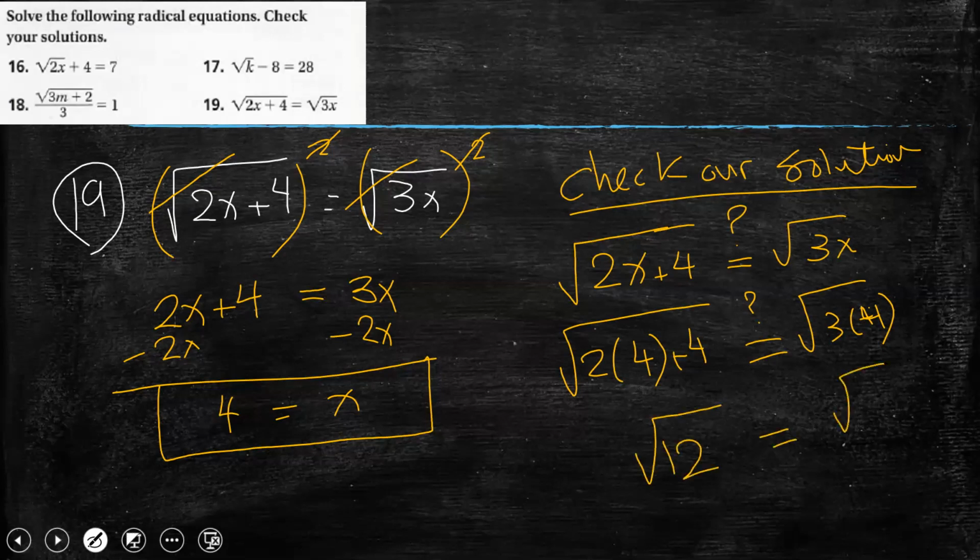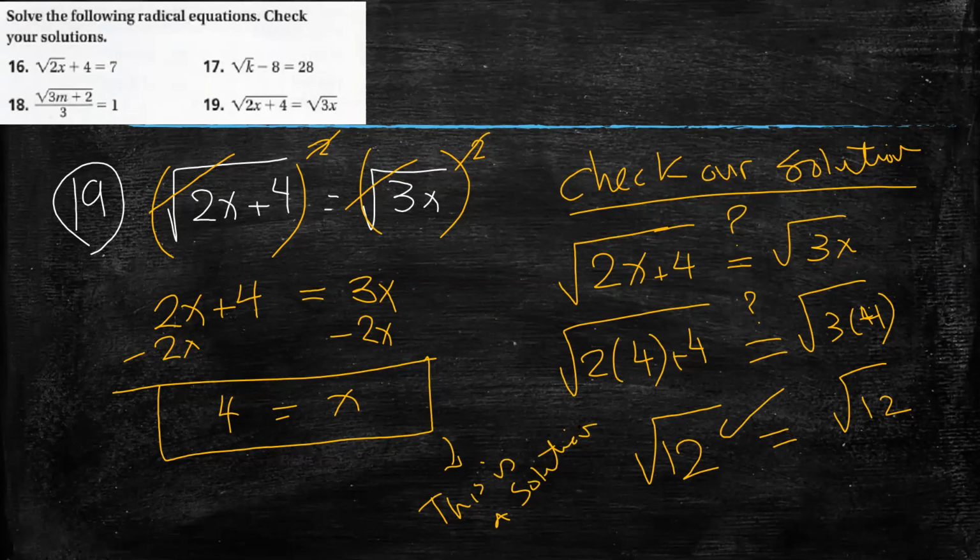And 3 times 4 is 12. Are they equal? Yes. So that means this is a solution. If they are not, I will say that this is not a solution, or we call it an extraneous solution.